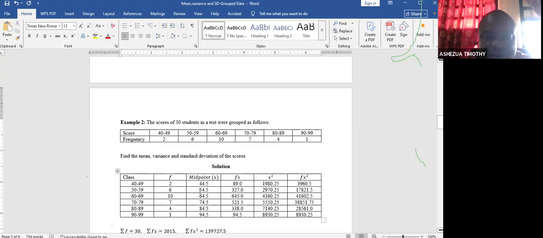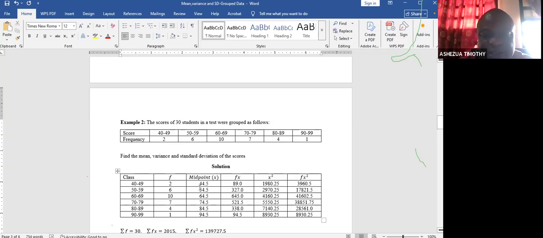For the next, 50 plus 59 divided by 2, you get 54.5. 60 plus 69 divided by 2, you have 64.5. And down to 90 plus 99 divided by 2, you have 94.5.